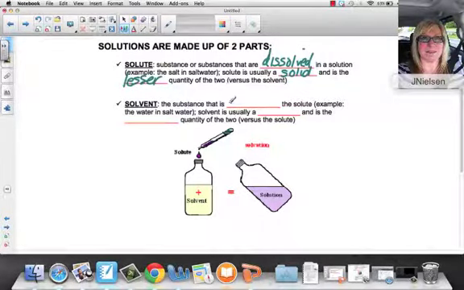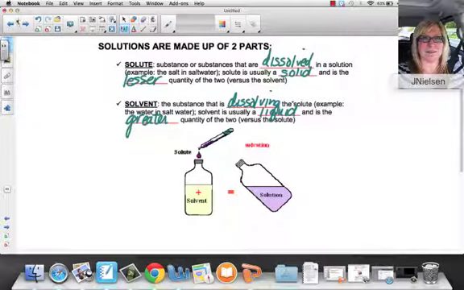The solvent is the substance that is dissolving the solute. So the water in salt water. It is usually a liquid, and this is the greater quantity of the two. So here you have your solute plus the solvent, and you get a solution.